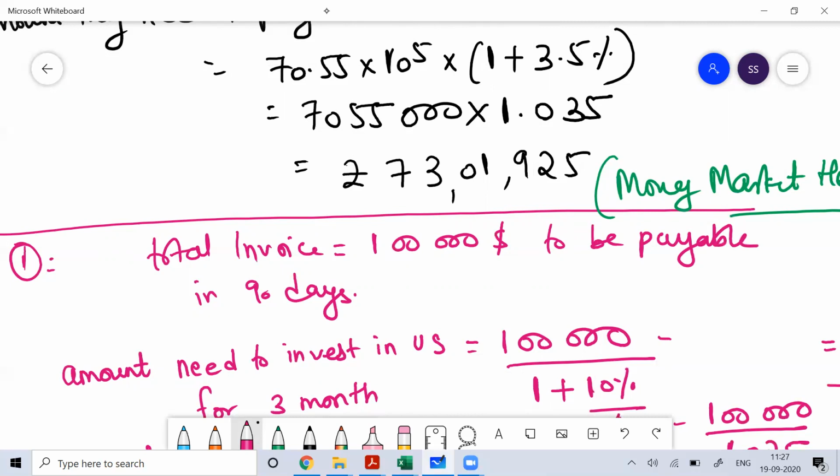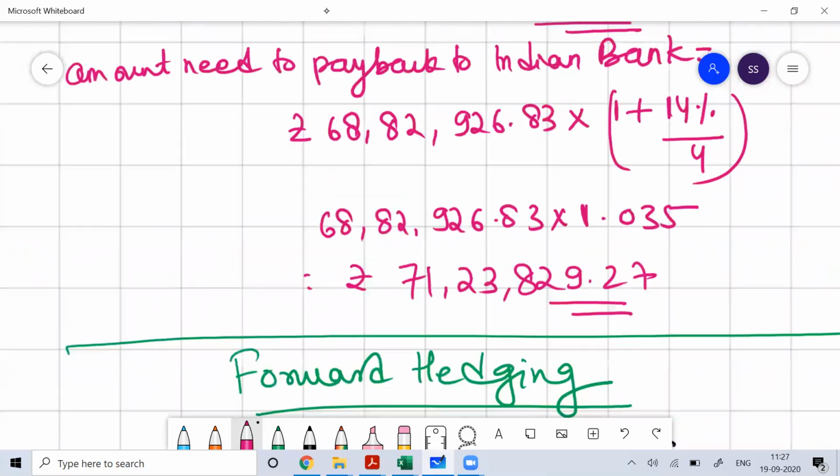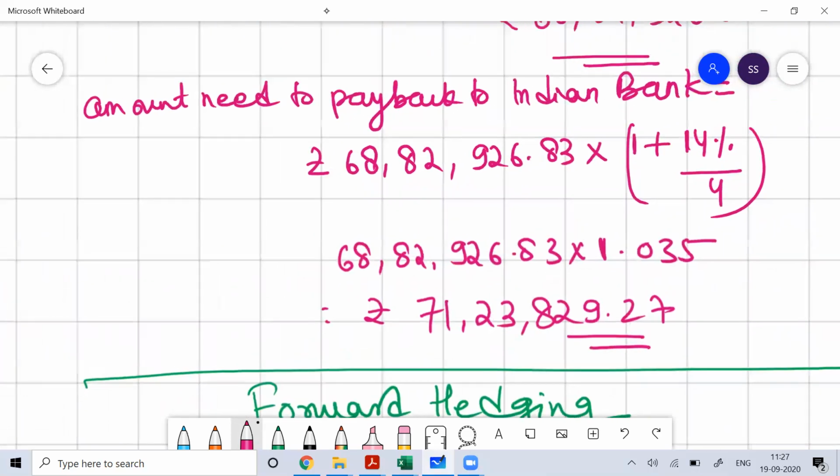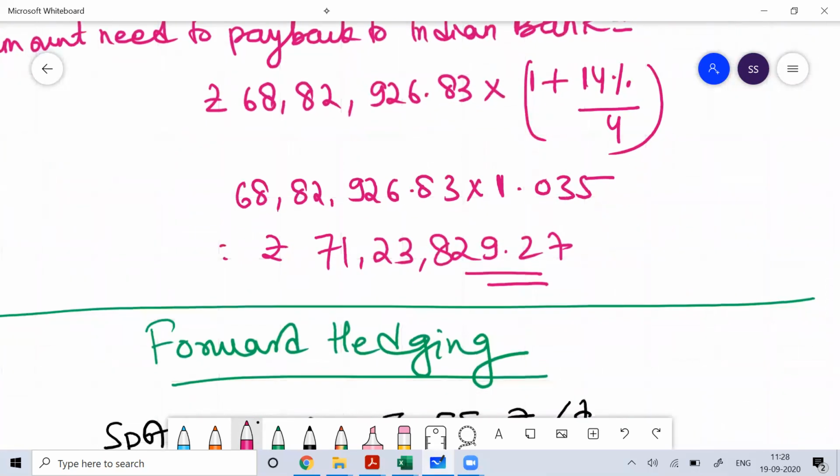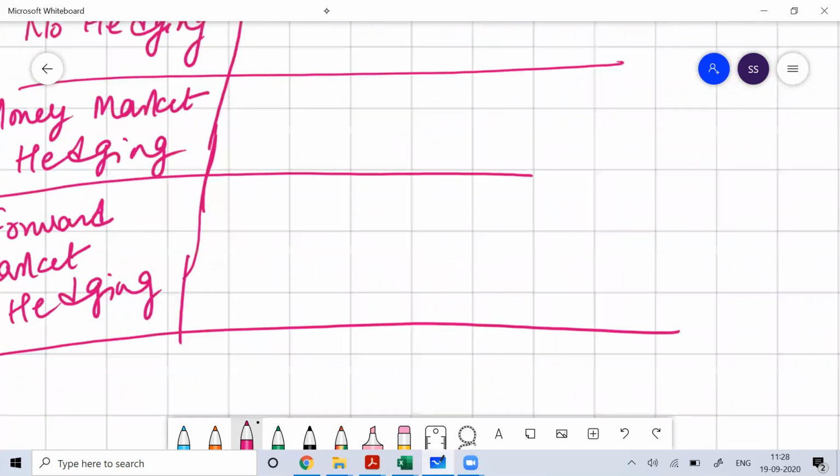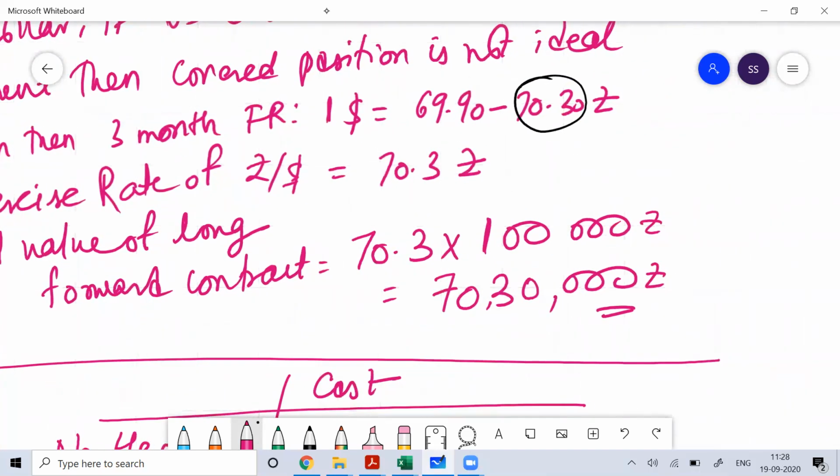Then money market hedging, that is 71 lakh 23,829.27. And forward market hedging, if he's doing that, then it costs 70 lakh 30,000. Okay, situation is there.